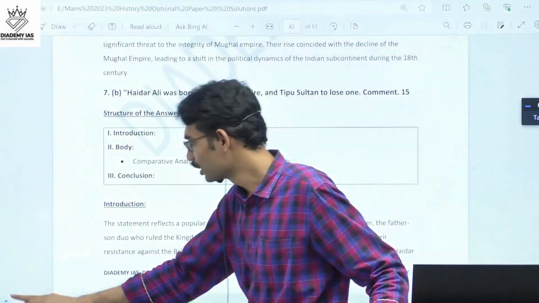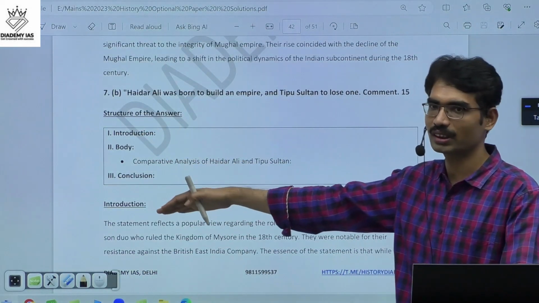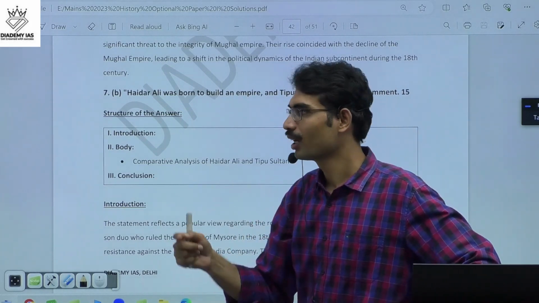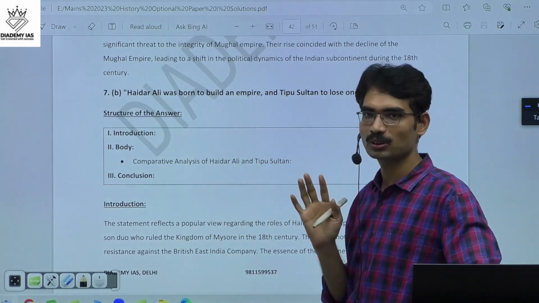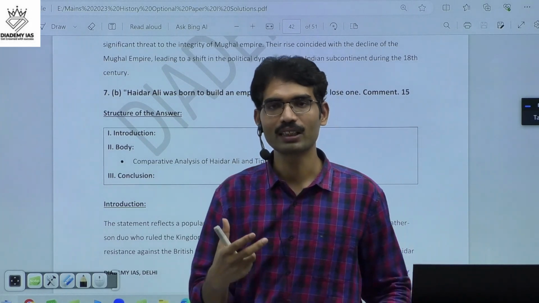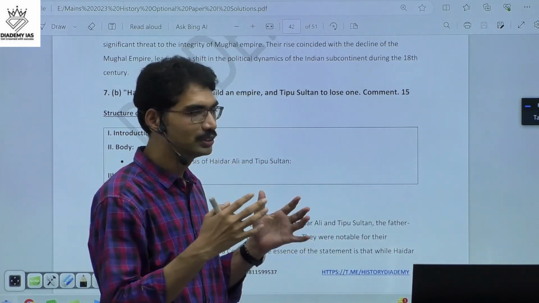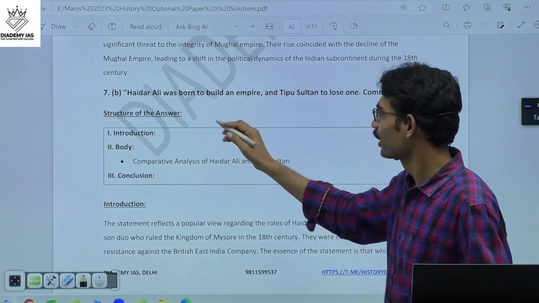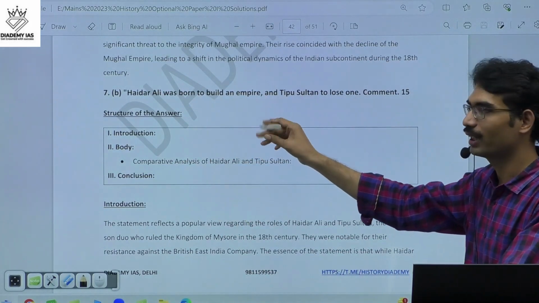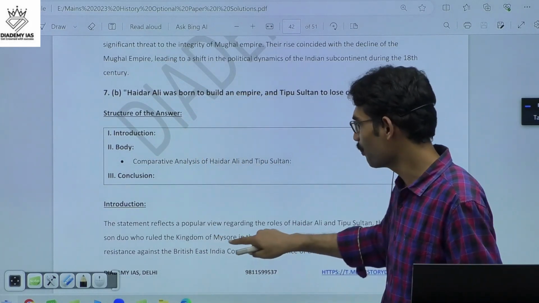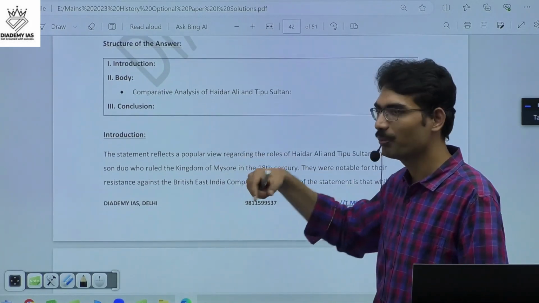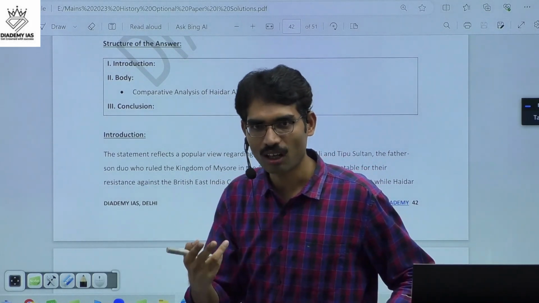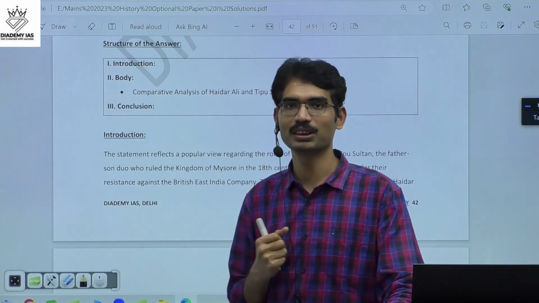And here Tipu Sultan, it is also a straightforward question only. You have to write about the success of Hyder Ali and what the limitations of Tipu Sultan are, but you have to be a little bit objective in nature. Whatever comment they are saying, that Hyder Ali was born to build an empire, one particular historian mentioned this, but you be objective that Tipu Sultan was also an efficient administrator.